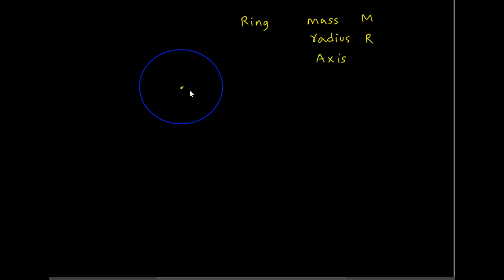Sometimes they call this the axis of the ring. So here we can say it passes through the center and is perpendicular to its plane.